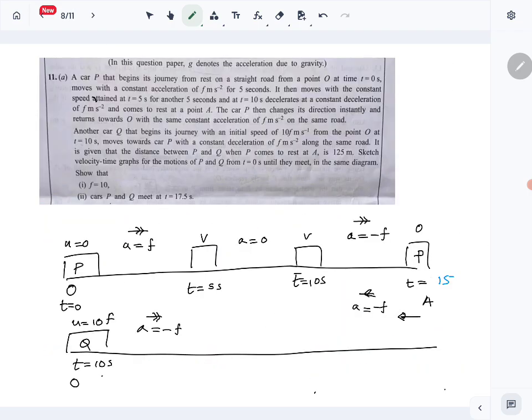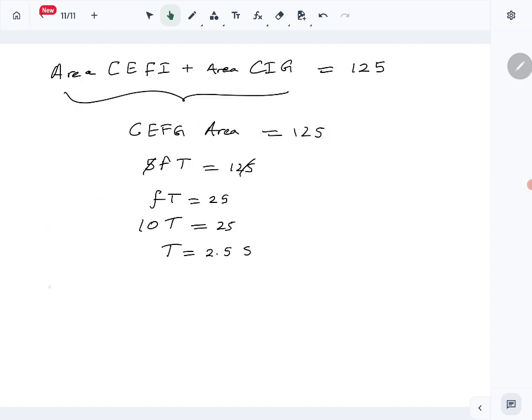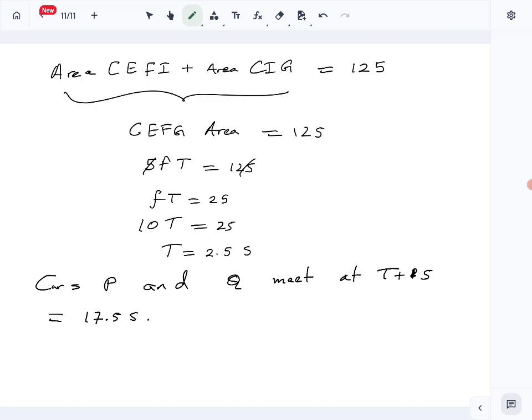Cars P and Q meet at 17.5 seconds, correct? Up to here 15 seconds, then when they meet it is 15 plus T, so 17.5 seconds. So cars P and Q meet at T plus 15 seconds, that is equal to 17.5 seconds, right? So that is the answer for part A of question number 11. Next we will do part B of question number 11.